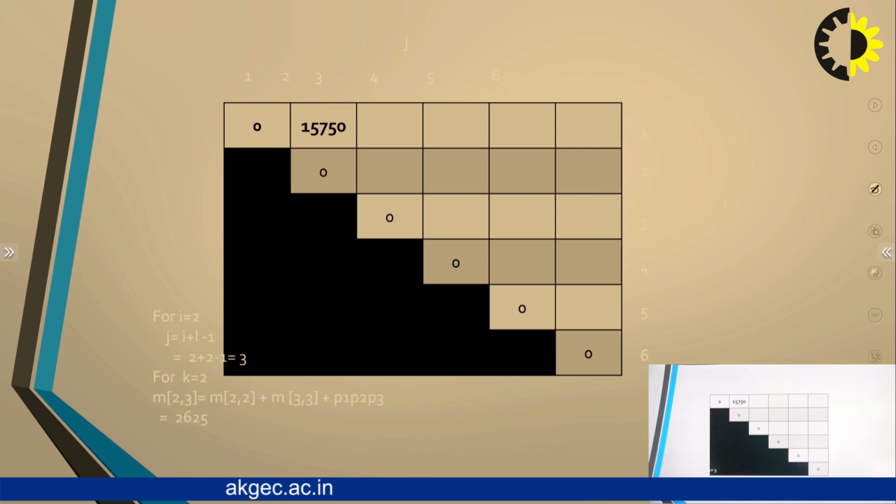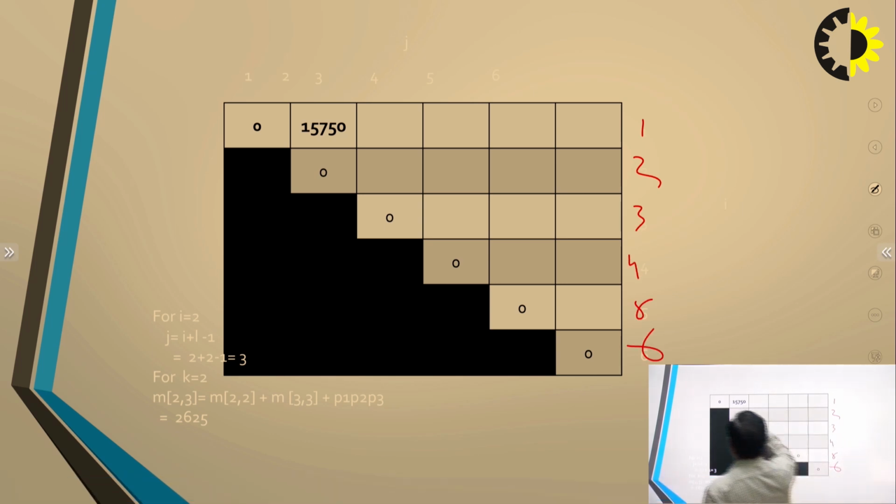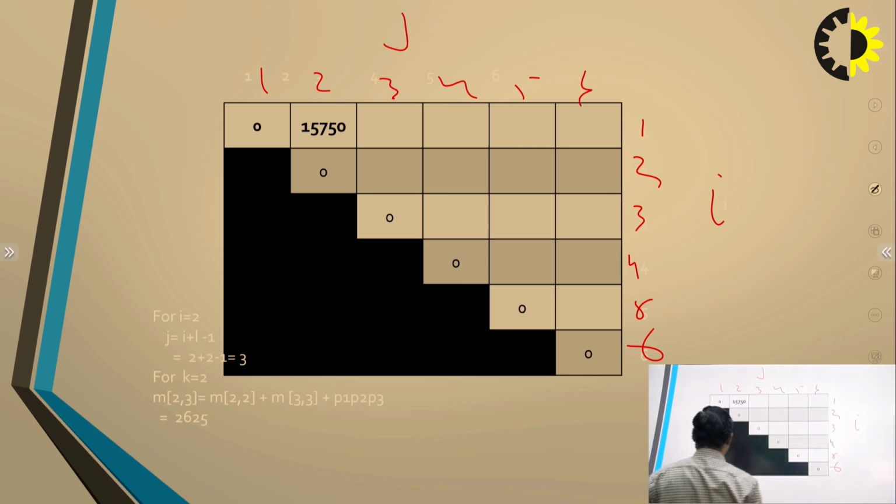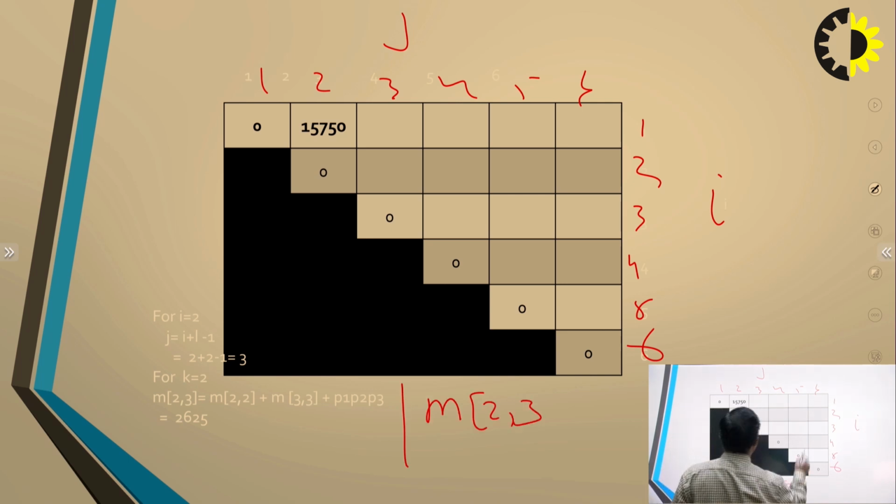Next, again we will consider the value M[2,3], with this being i and this being j. Again we will get the value M[2,3]. What is the value?